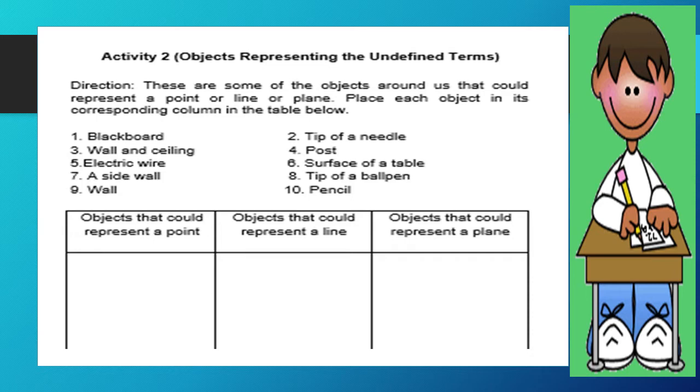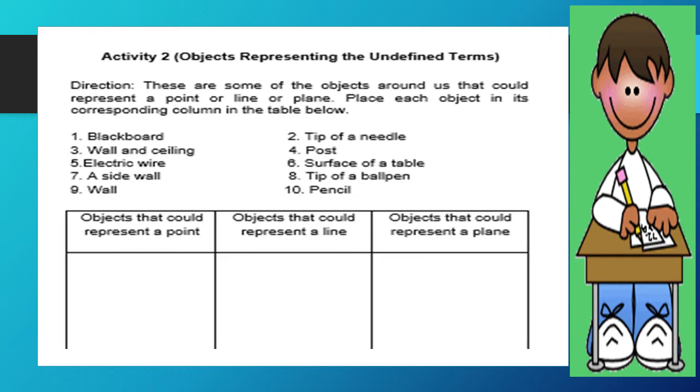You are going to plot those above given objects in those columns. For example, blackboard. Where does it belong? A blackboard belongs to plane. Second, tip of a needle. It belongs to a point. Wall and ceiling.